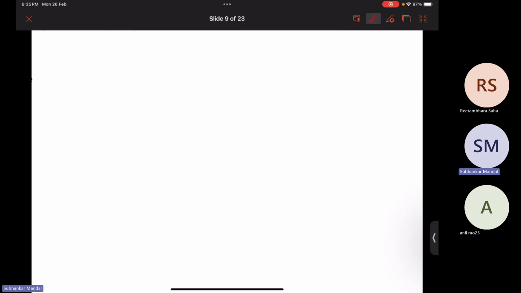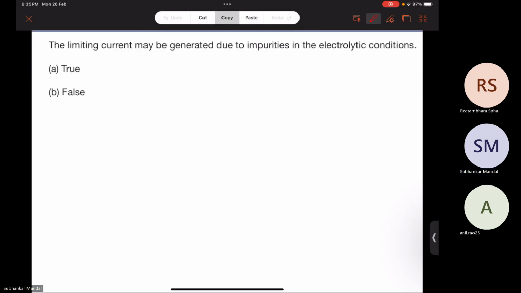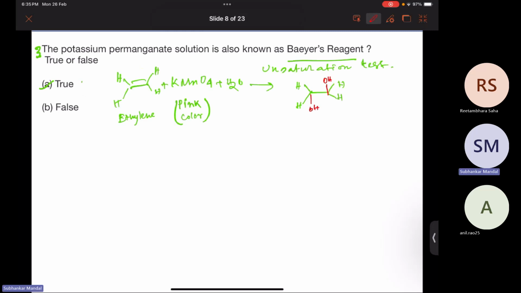So OH groups form, along with manganese oxide and K2MnO. This manganese oxide is brown in color. Earlier it was pink, and when you add the unsaturated compound or ethylene, it forms a brown color solution.